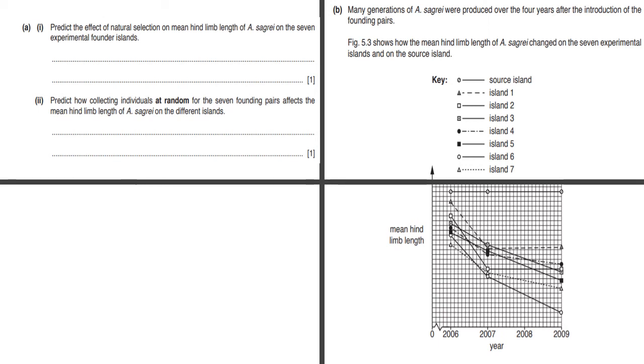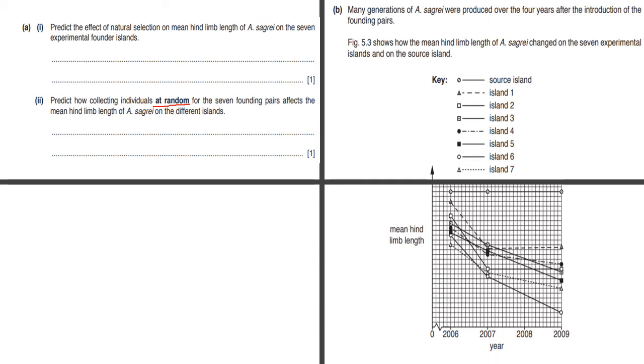All right, then predict how collecting individuals at random affects the mean hind limb length. Something else about CAIE that I tell students: notice the words that are put in bold, because they mean something. They're trying to call your attention to it. Predict how collecting individuals at random for the 7 founding pairs affects the mean hind limb length of the lizards on the different islands.